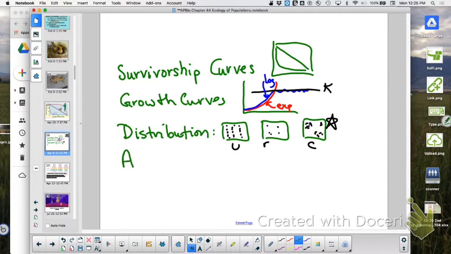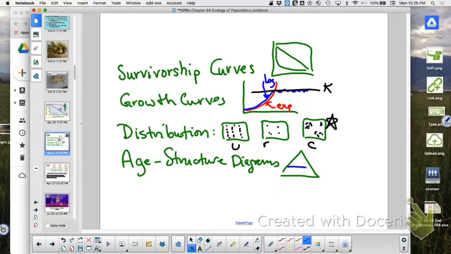Here, I want to do something else first. You know what I'm doing? Age structure. Do you remember those? Do you remember these? Okay. Where would you be most likely to find this age structure diagram?